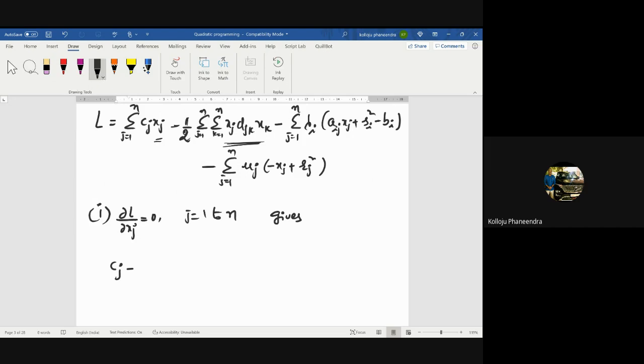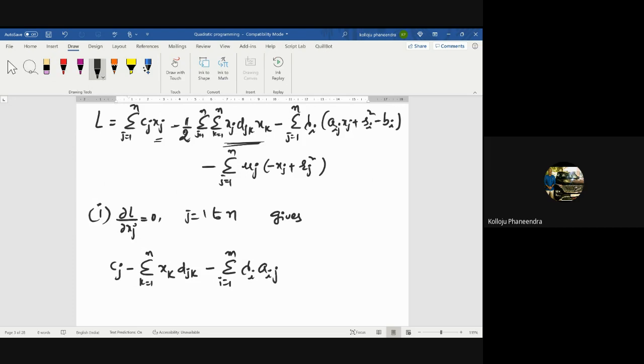So this becomes summation, with respect to xj we are doing, so k will be as it is, k equal to 1 to n, xk into djk. Coming to this part, summation i equal to 1 to m lambda i into aij.